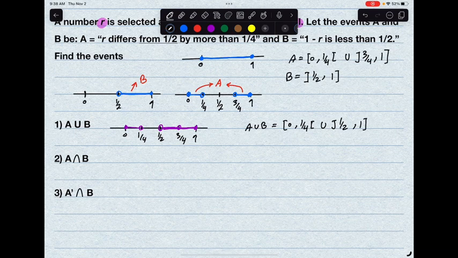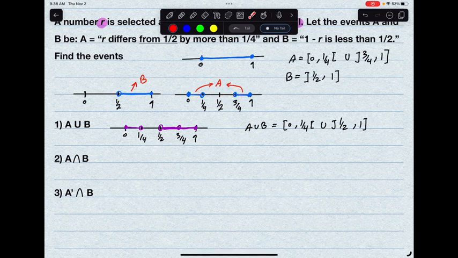So that's A union B. The only part which is not included is between 1 over 4 and 1 over 2, which is not in A and not in B, so it's not in A union B. If we put these parts in one set, we have this part and this part, that's A union B.